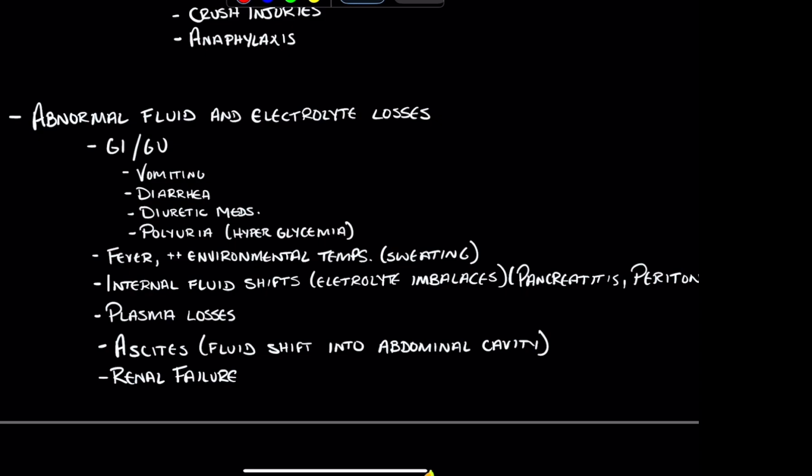So if you look at uncontrolled vomiting, uncontrolled diarrhea, patients who are on diuretic medications that maybe they've taken too much of or the dose isn't proper for that patient, and situations of polyuria, which is usually a symptom of hyperglycemia. So that's the body basically trying to get rid of sugar, but all it can do is urinate out the fluids. So that can lead to actual fluid depletion as well.